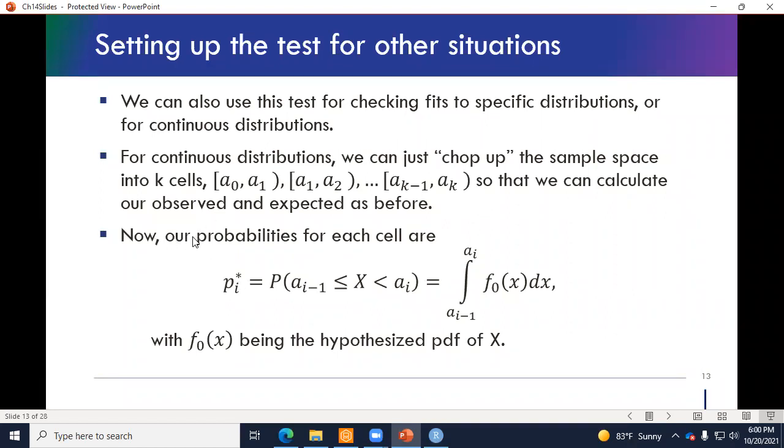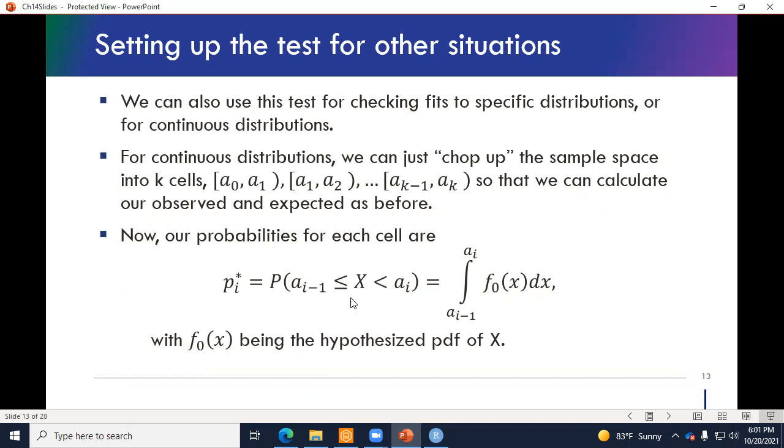In this case, the probability for each cell is just the probability that this random variable falls in this cell, from a_{i-1} to a_i. This is the i-th cell. So theoretically, how do you calculate the pi star?